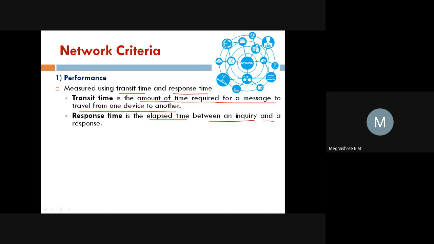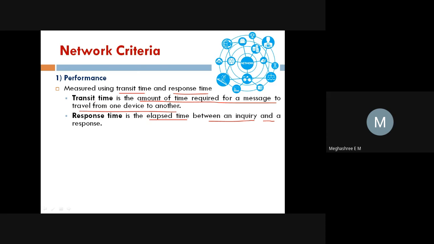a network. If I consider this communication, that is the lecture I'm giving to you, the transit time is very less. I mean, the message I'm trying to send is reaching you at the proper time. But the response time, whatever I'm expecting from you, is taking too much, right?